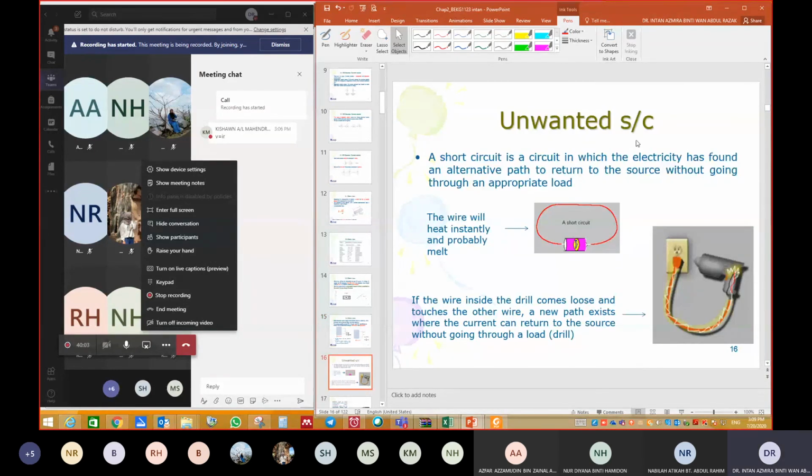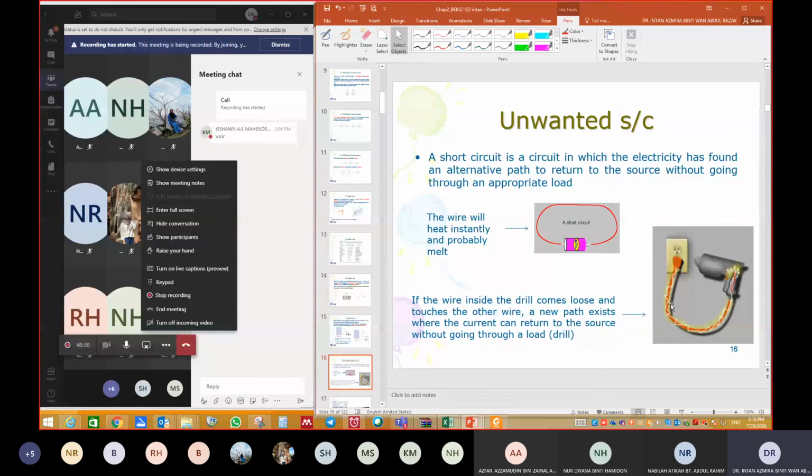A short circuit is a circuit in which the electricity has found an alternative path to return to the source without going through the appropriate load. So current flows from the source back to the source, not through the load, so the wire will heat instantly and probably melt. Consider this figure.